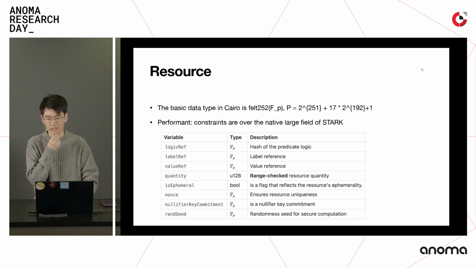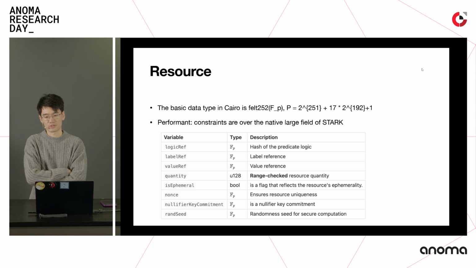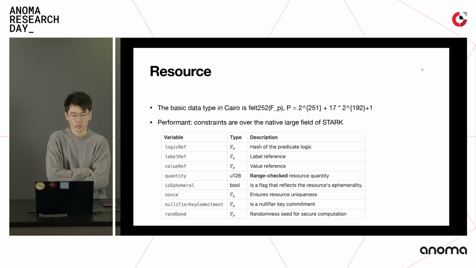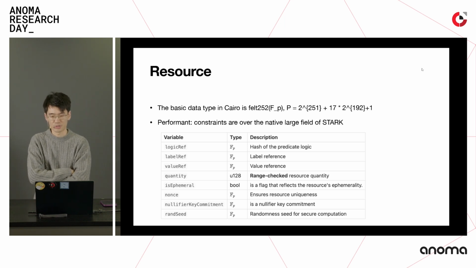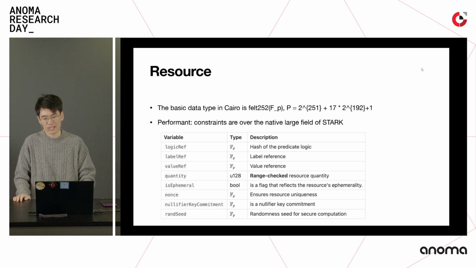The last one is the random seed. The random seed is an important field for shielded resources. We need the random seed to derive some blinding factors to protect the resource commitment and resource nullifier.